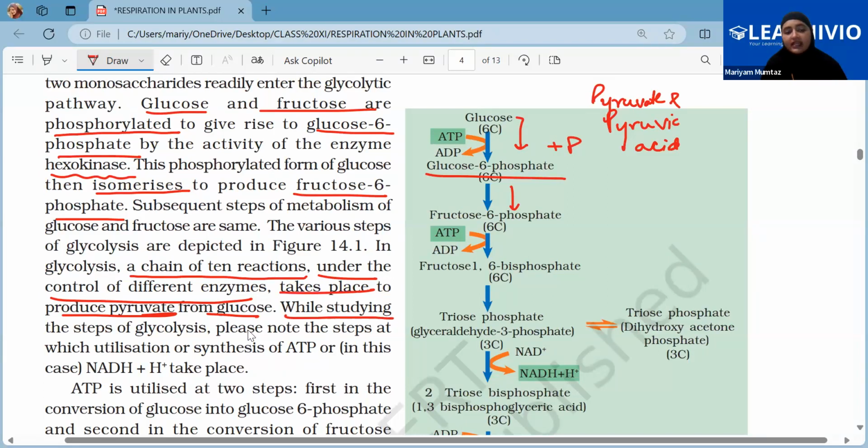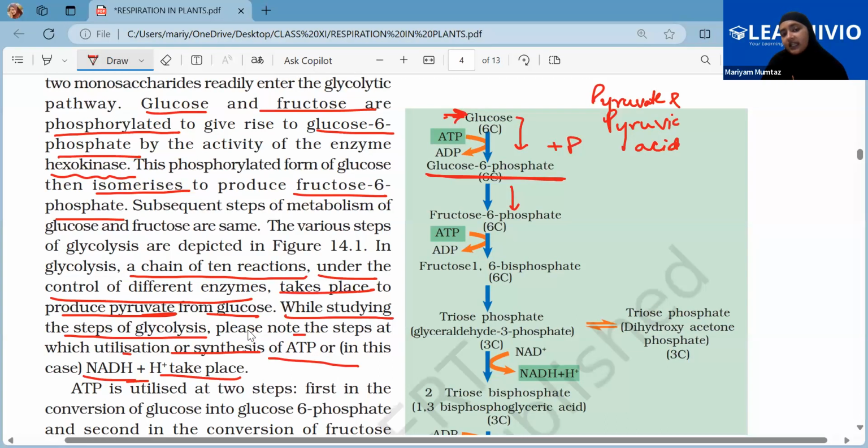Now, while studying the steps of glycolysis, please note the steps at which utilization or synthesis of ATP or NADH takes place. In each of the steps, we have to note where ATP is being synthesized or consumed. For example, look at the step wherein glucose is converted into glucose 6 phosphate.